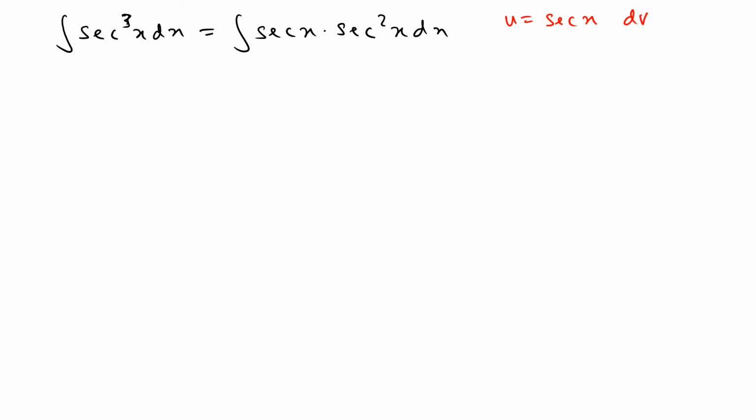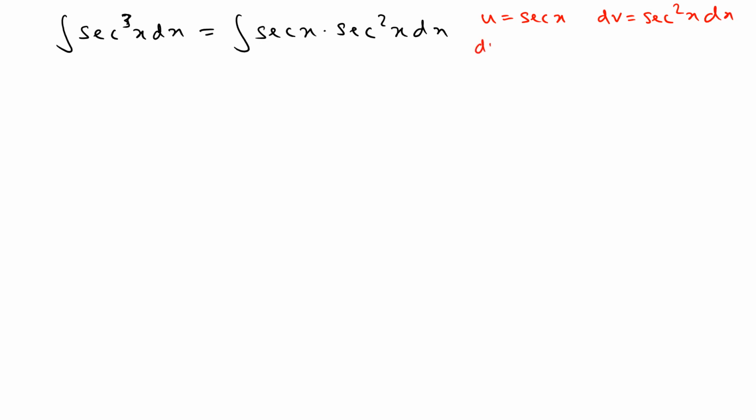So again, we have the integral of secant cube x dx. What we did was pull one secant squared x term out, and then we have u equal secant x, dv equal secant squared x dx.